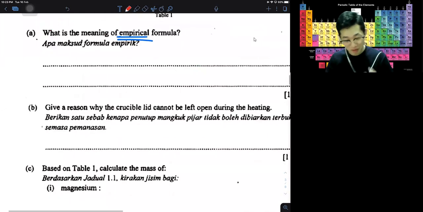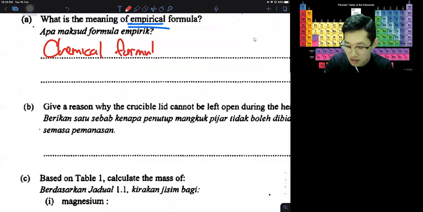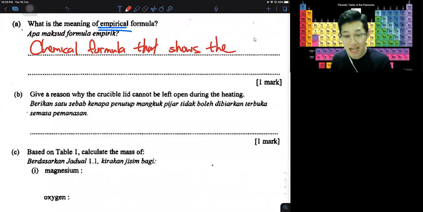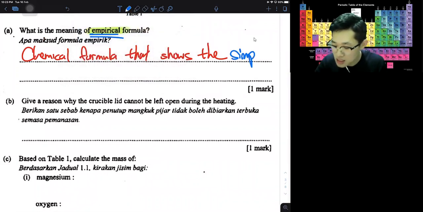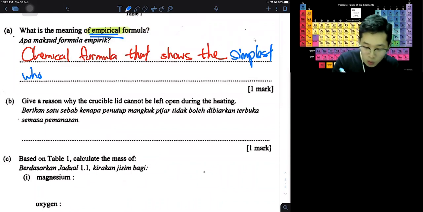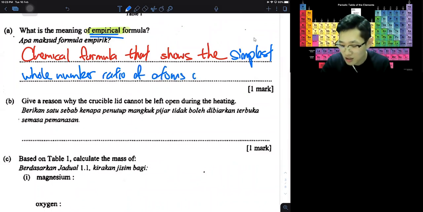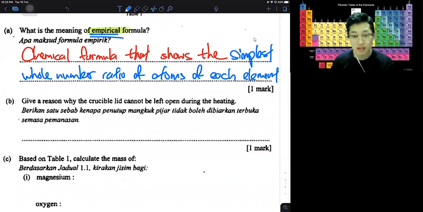Okay. Empirical formula is the chemical formula that shows the empirical means simplest whole number ratio of atoms of each element in a compound.